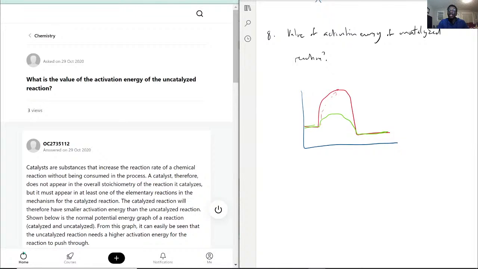So with that being said, the value of the activation energy of the uncatalyzed reaction, so when the catalyst is not involved, it means that there will be more of an activation energy threshold you have to get to.